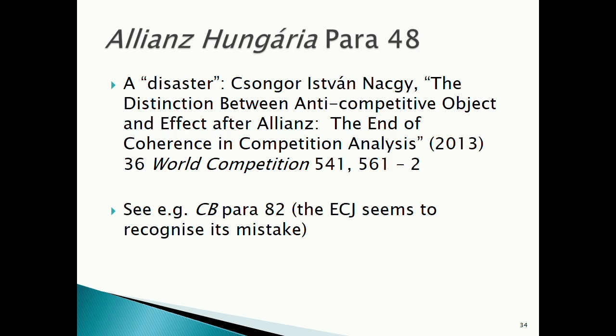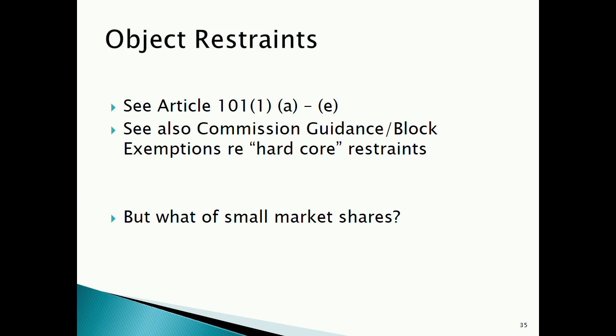Okay, that's a bit of a disaster, and it appears that the court is trying to paint a bright line between the two. It backpedaled from Alliance Hungaria into the CV case.